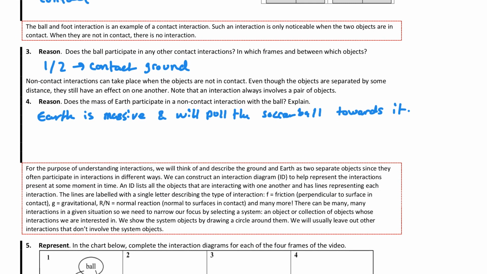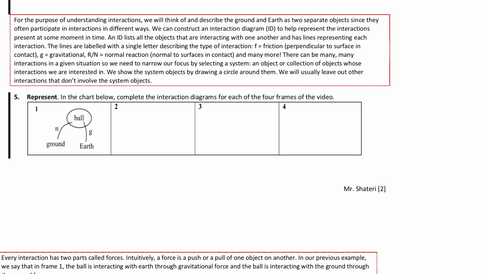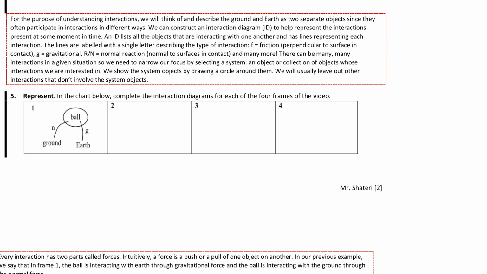Now, I'm just going to zoom in a little bit. I think we have a very small picture here. For the purpose of understanding interaction, we think of and describe the ground and Earth as two separate objects, since they often participate in interaction in different ways. We can construct an interaction diagram, or ID, to help represent the interactions present at some moments in time.